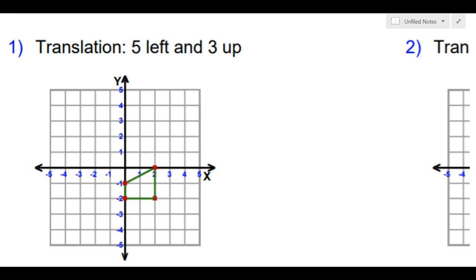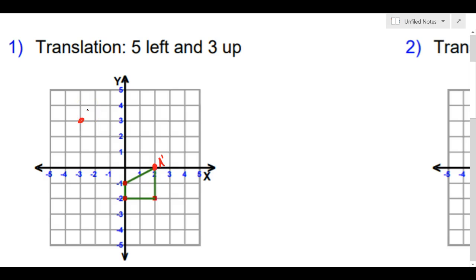So I'm going to go through this point by point. We're going to start with this point right here. We need that point to go 5 left and then 3 up. So I'm going to go 1, 2, 3, 4, 5, and then 3 up, 1, 2, 3. We'll give this a name.